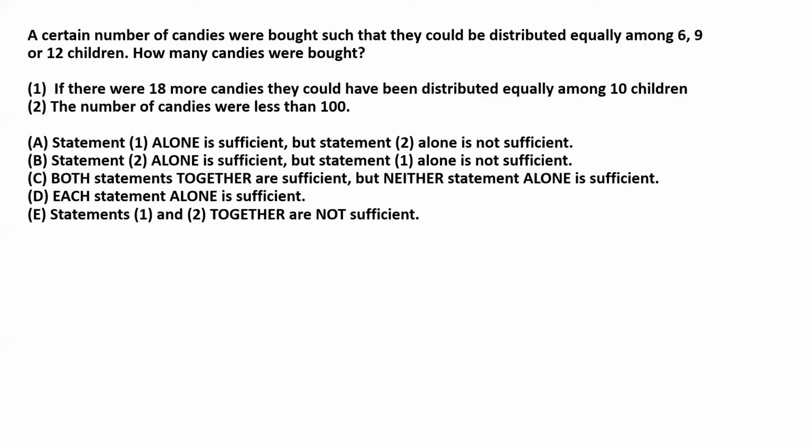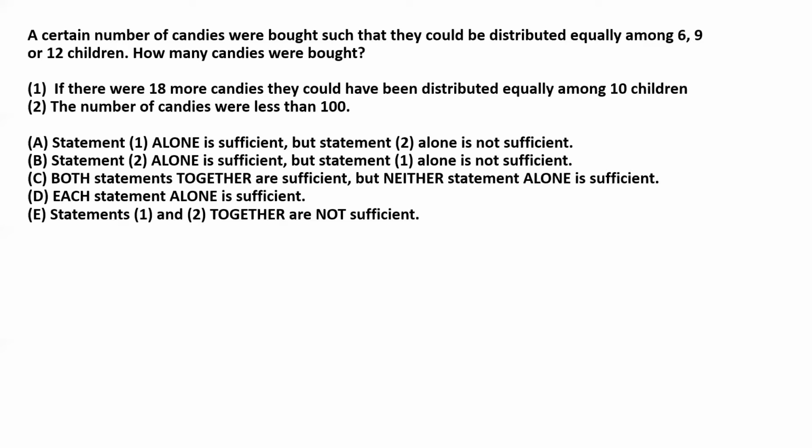The way to tackle these problems is to first try putting together the information that's given even before the two statements. In this case, we are given that a certain number of candies were bought so that they could be distributed equally among 6, 9, or 12 children.